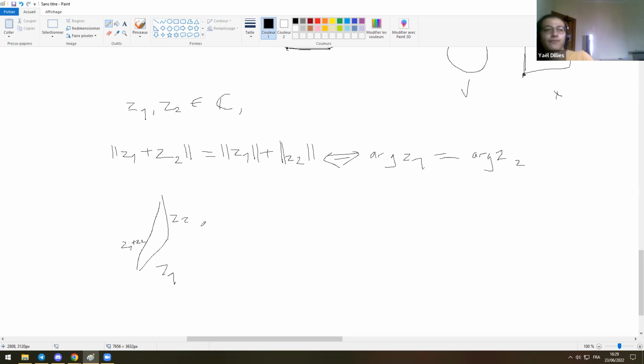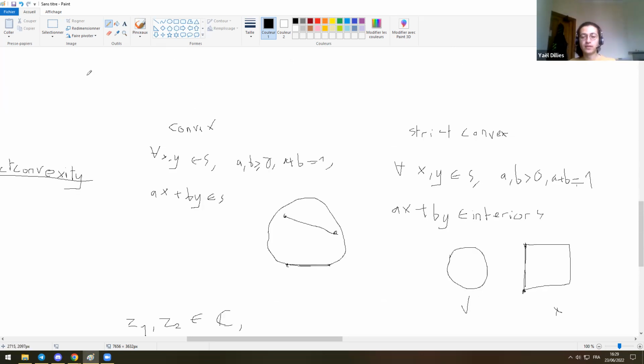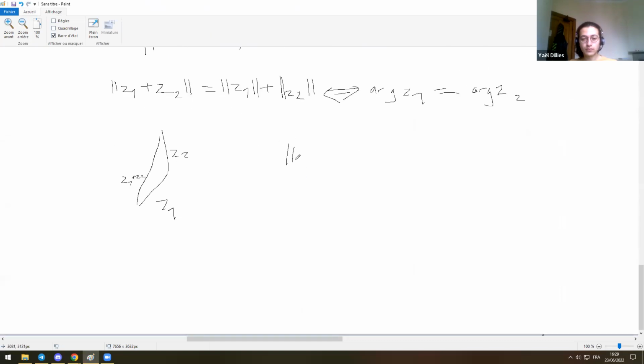And so in some sense, strict convexity can also be described as a strict triangle inequality, in the sense that the norm of x plus y is equal to the norm of x plus the norm of y if and only if x, y are collinear, and possibly 0, depending on your definition of collinear.